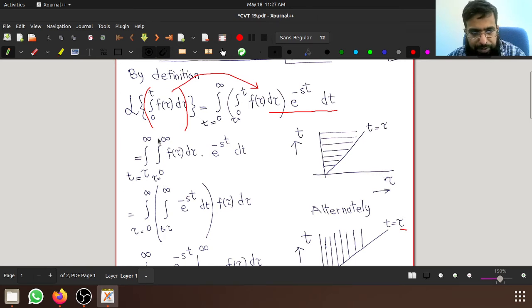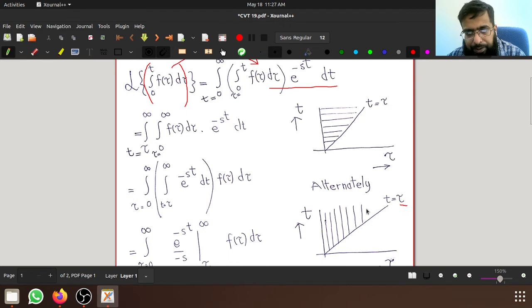Although we have changed these limits, the area represented is the same. The only difference is that previously we represented the same area with horizontal lines, but now we are representing it with vertical lines, right?